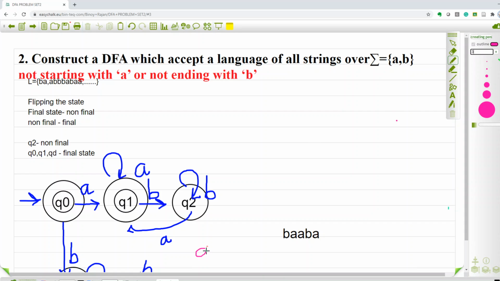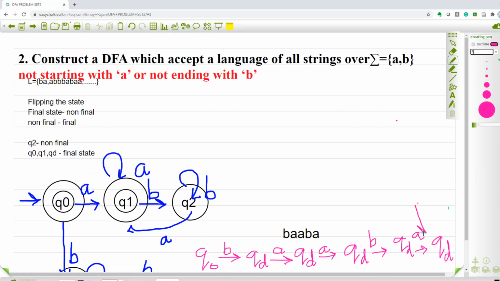So Q0 with B as the input symbol, I reach QD. QD with A as the input symbol, I am in QD itself. QD again A, I am in QD. And QD B, QD. QD A, I reach QD.